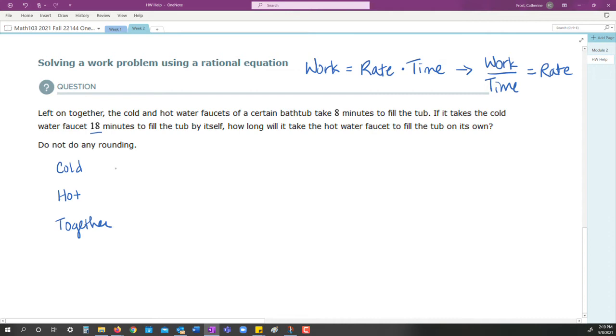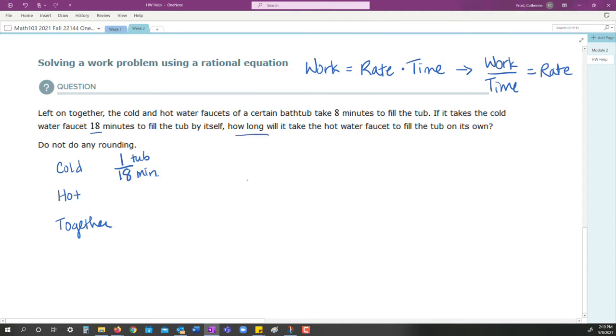So the cold water can do one tub in 18 minutes. So one tub per 18 minutes. Or you can think of that as every minute it fills 1/18 of the tub. So that's its rate.